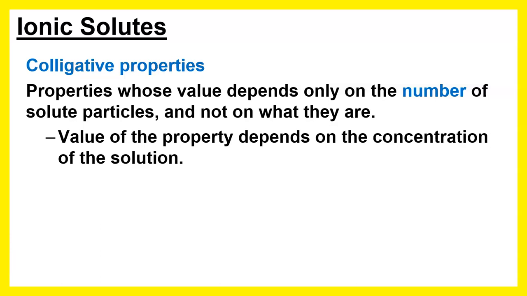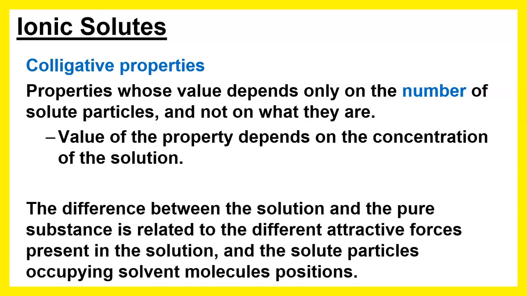So what we're going to be looking at is if you dump a salt into water, for example, how many ions does it break apart into? Or does it stay one particle, something like sugar, that does not dissociate, right? Those are the things we're going to be looking at in this lesson.